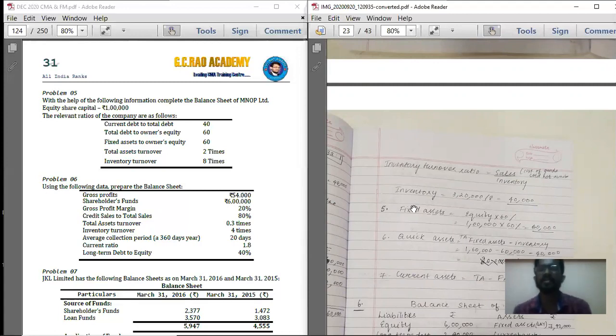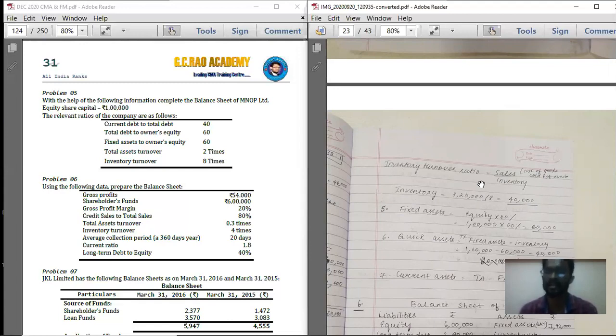By using sales and the inventory turnover ratio, we can find the closing inventory. Below that, put inventory turnover ratio is equal to, what is the formula? Cost of goods sold divided by inventory, or sales divided by inventory. So inventory turnover ratio is equal to sales divided by inventory.